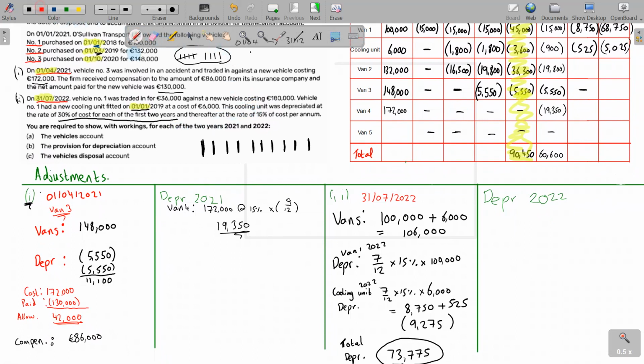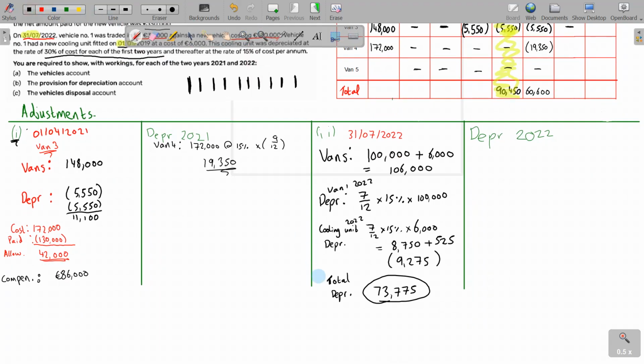So if the vehicle costs 180,000, the old one was traded, so we got an allowance of 36,000. So we'll go back to our disposal account and put all those things in.